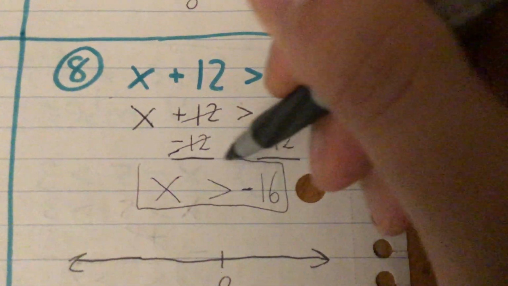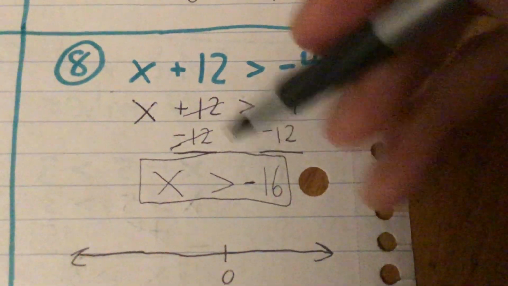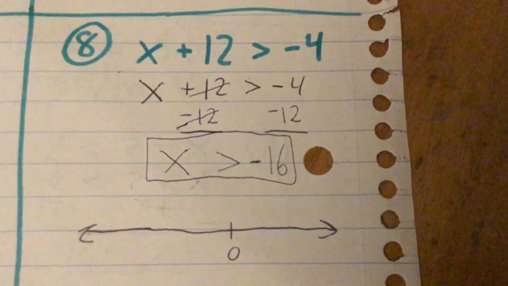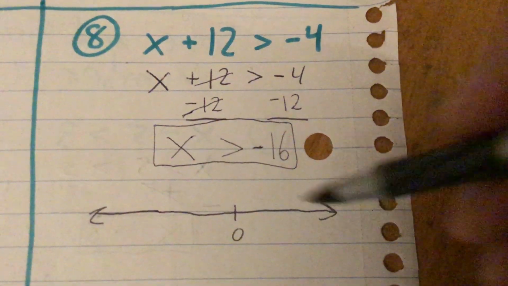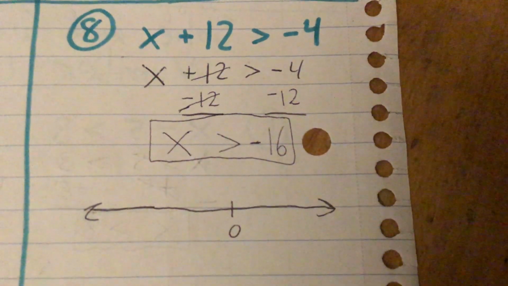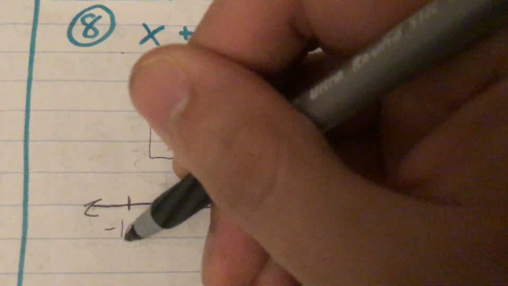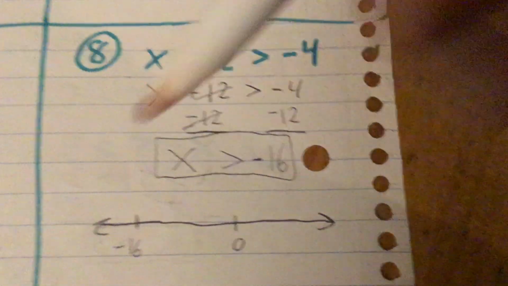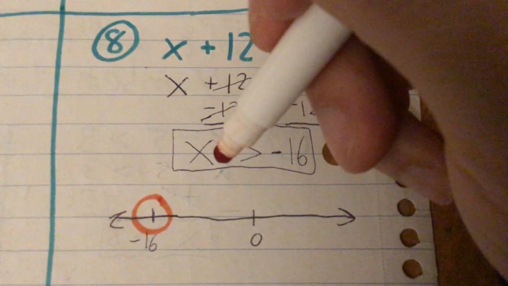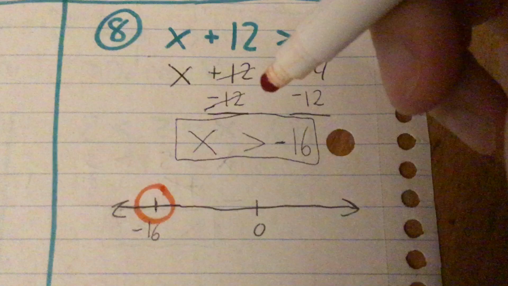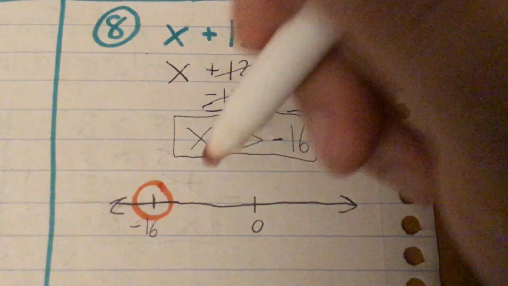So as long as x is greater than -16, this statement is true. Where is -16? To the left or to the right of 0? To the left. So I'm going to circle that endpoint. X is allowed to be any real number as long as it's greater than -16. So it's all numbers to the right of -16.